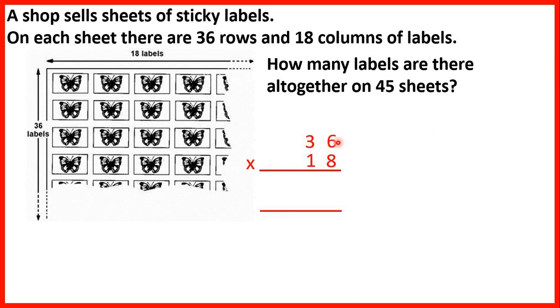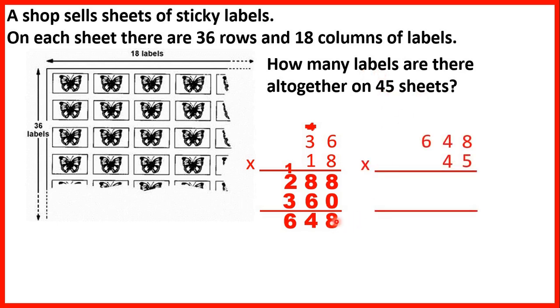So we can work out 36 times 18. So we can use column multiplication, and that gives us 648. So there are 648 labels on one sheet.